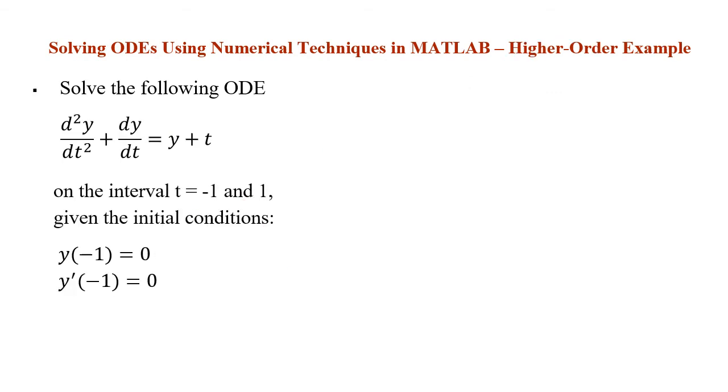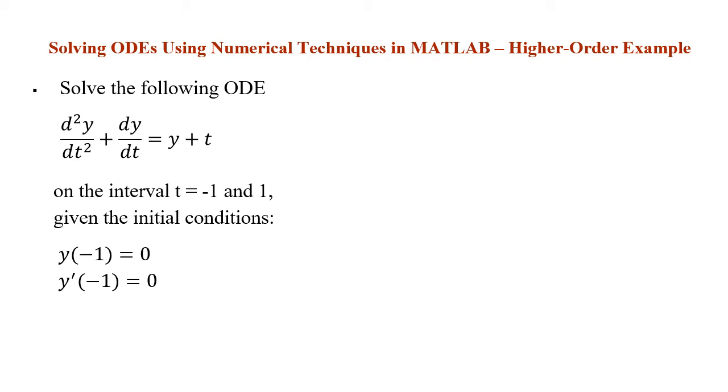Now we're going to do an example of a higher order ODE system. The question says solve the following ODE. So you're given that the second order derivative plus the first order derivative is equal to the function y plus t. And we're aiming to solve this differential equation on the interval t is equal to -1 and 1.